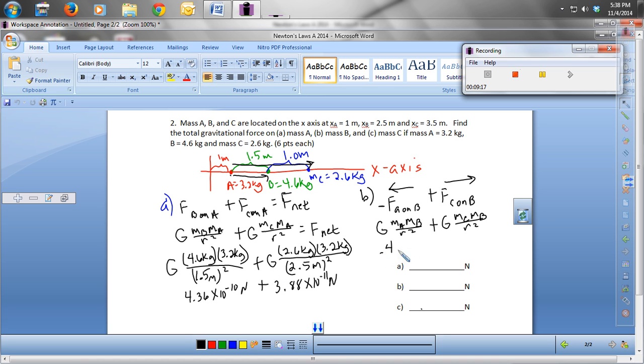It's negative because it's to the left. 4.36 times 10 to the minus 10 newtons. And then the force between B and C, when I calculated that, I got 7.98 times 10 to the minus 10 newtons. And so when I added this one to this one, I got a positive value, and it was 3.62 times 10 to the minus 10.